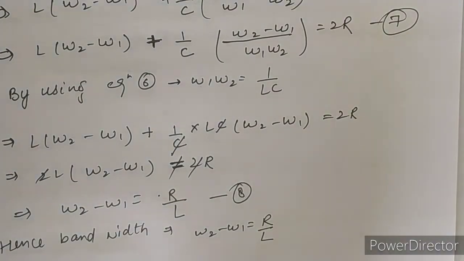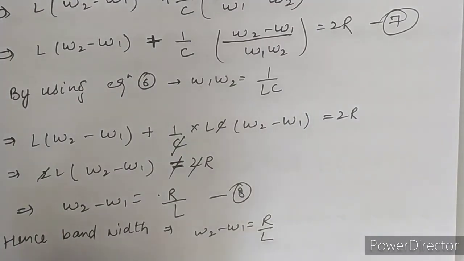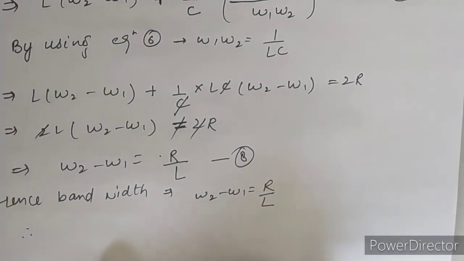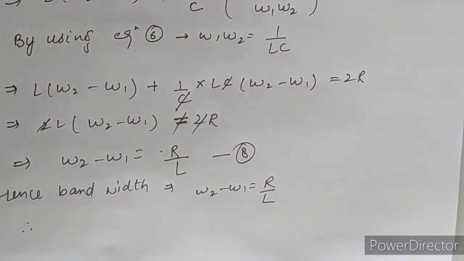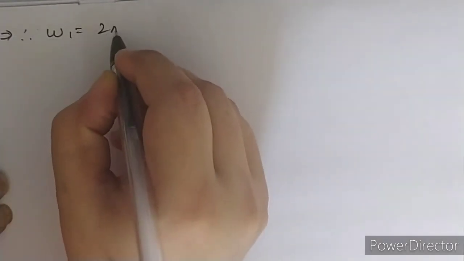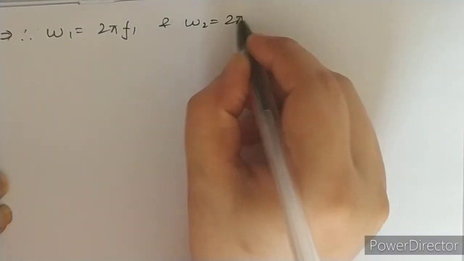And if you put the value of omega 2 and omega 1 in terms of f1 and f2, so I am writing here, that omega 1 is equal to 2 pi f1 and omega 2 is equal to 2 pi f2.